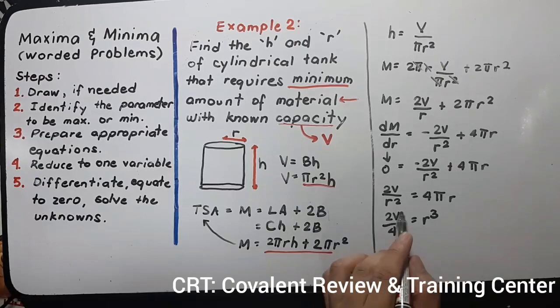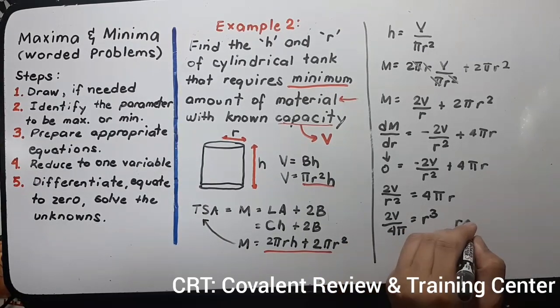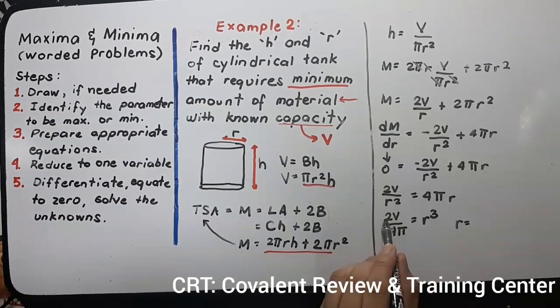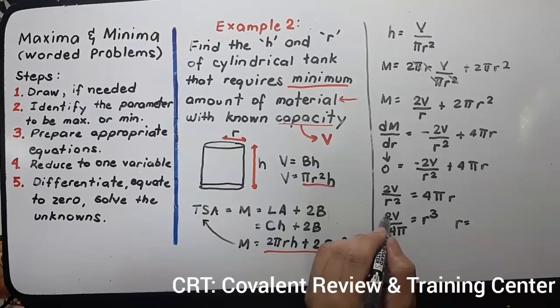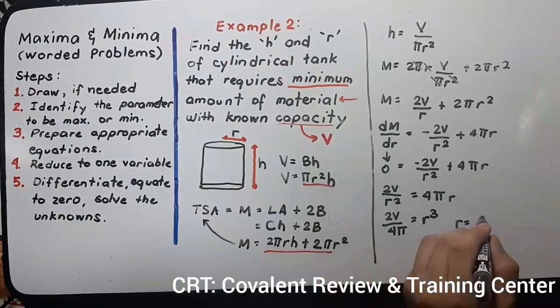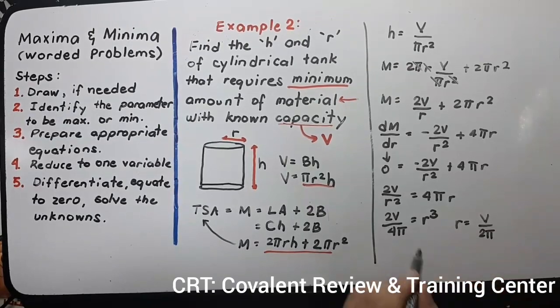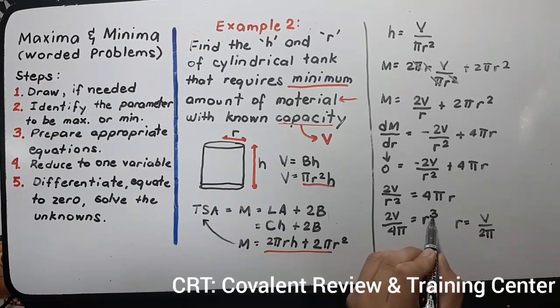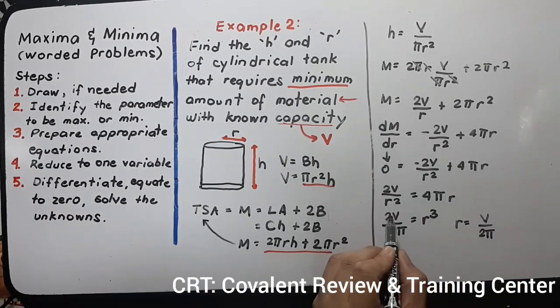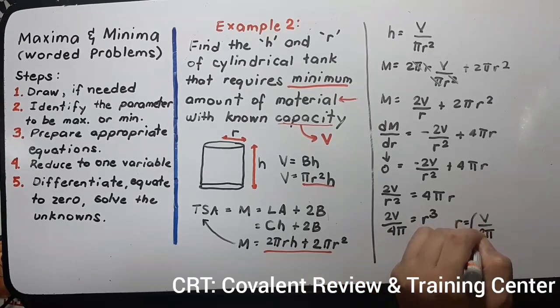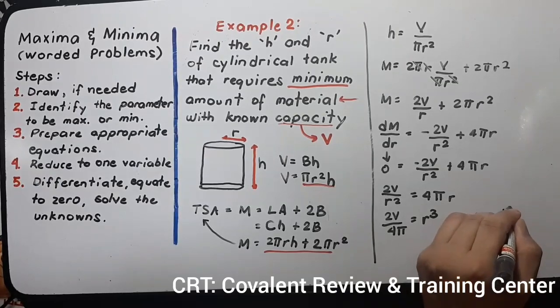So therefore, in this part of our solution, we can conclude that r is the cube root of v over 2 pi, because this portion can be reduced to v over 2 pi, and this cube can be transferred here. It will become cube root, or raised to 1/3.